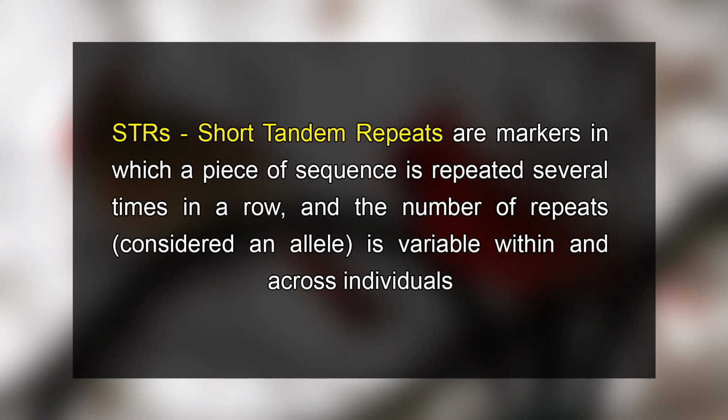The three genotype groups can be used as exposure categories to assess associations with an outcome of interest in a genetic epidemiology setting. STRs are markers in which a piece of sequence is repeated several times in a row, and the number of repeats is variable within and across individuals.